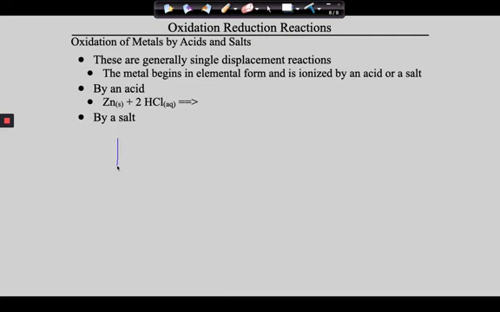So let's do iron dumped into a beaker of copper 2 sulfate. All right, guys, it's in your court. Predict the products. Figure out what is being oxidized and what is being reduced. And then write the net ionic equation. You got about 3 minutes.